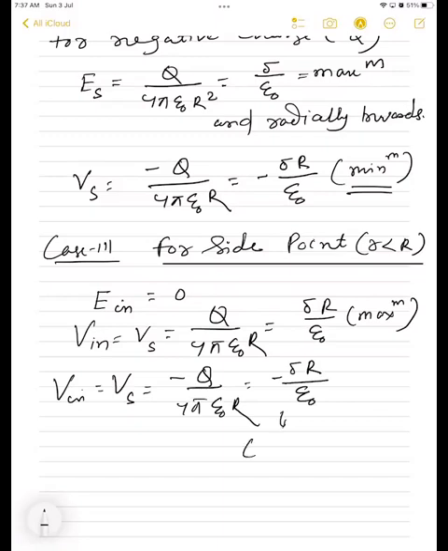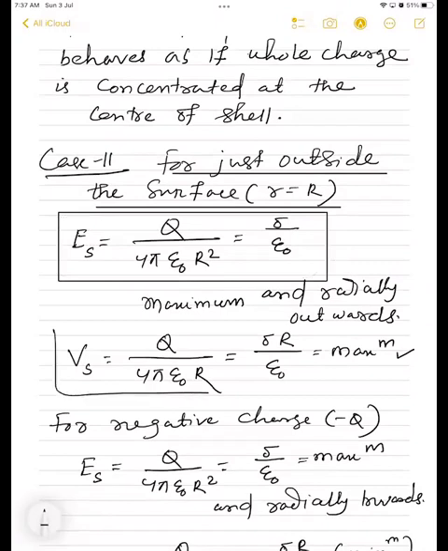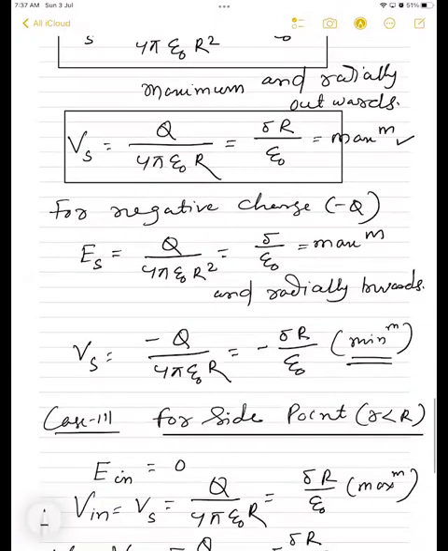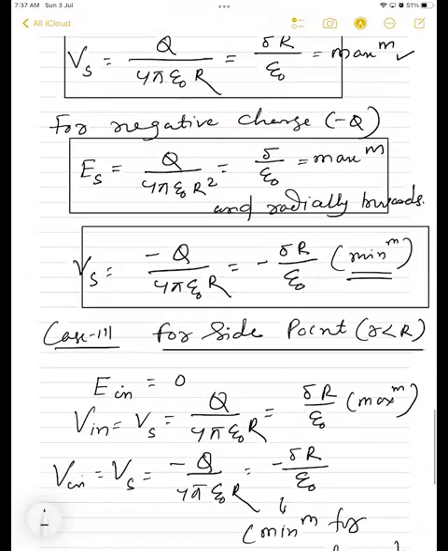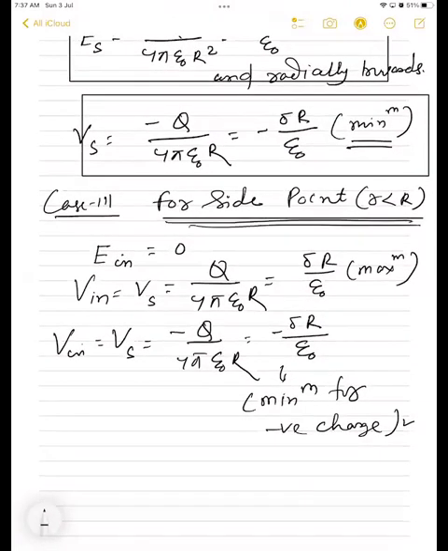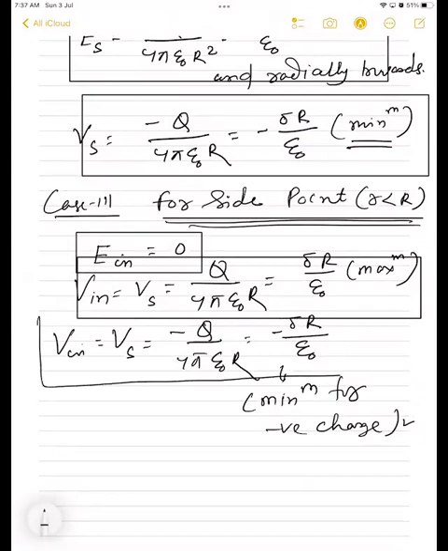And here it is minimum for a negative charge. It is simply the surface potential expression of the negative charge. Now the electric field inside is 0, but the potential inside does not become 0, the potential exists, right here.